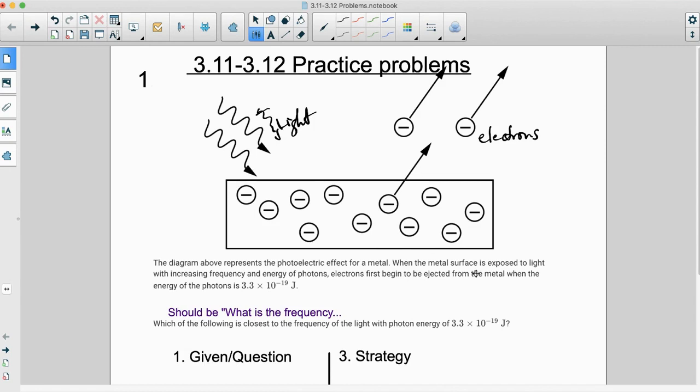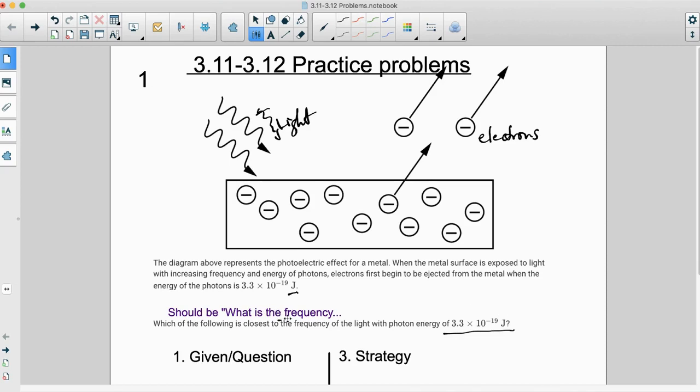And when the metal surface is exposed to light with increasing frequency and energy of photons, electrons first begin to be ejected from the metal when the energy of the photons is 3.3 times 10 to the minus 19th joules. All right, and the question, it should have read, what is the frequency of the light with photon energy 3.3 times 10 to the minus 19 joules?